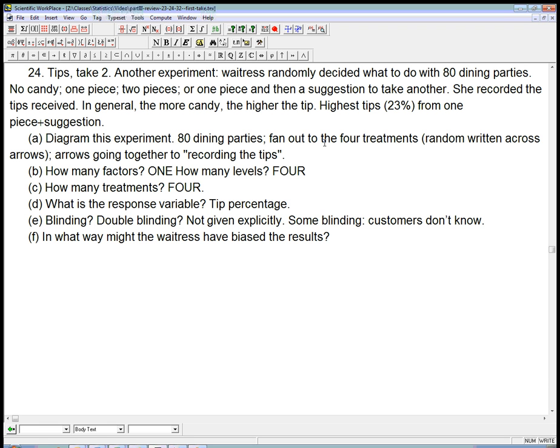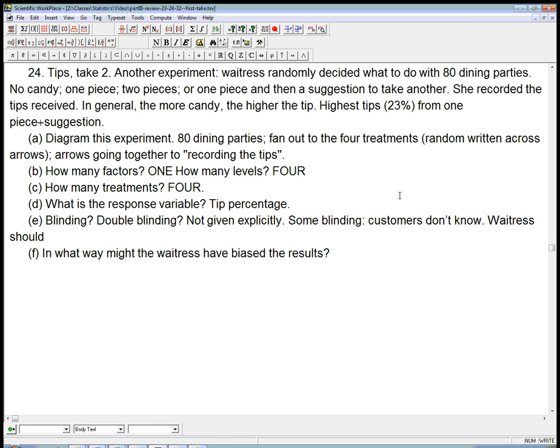They don't even know an experiment is going on, which is kind of the best kind of blinding. And it's probably ethical in this case. Often it's not ethical to have your subjects not know they're part of a psych experiment, but here it really doesn't matter. And then the waitress should make sure to choose randomly right before giving the check, and possibly with candy.